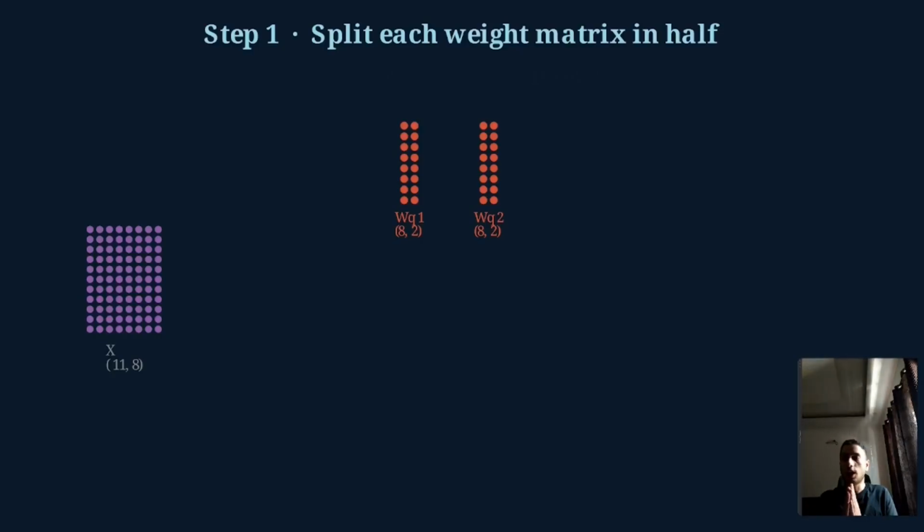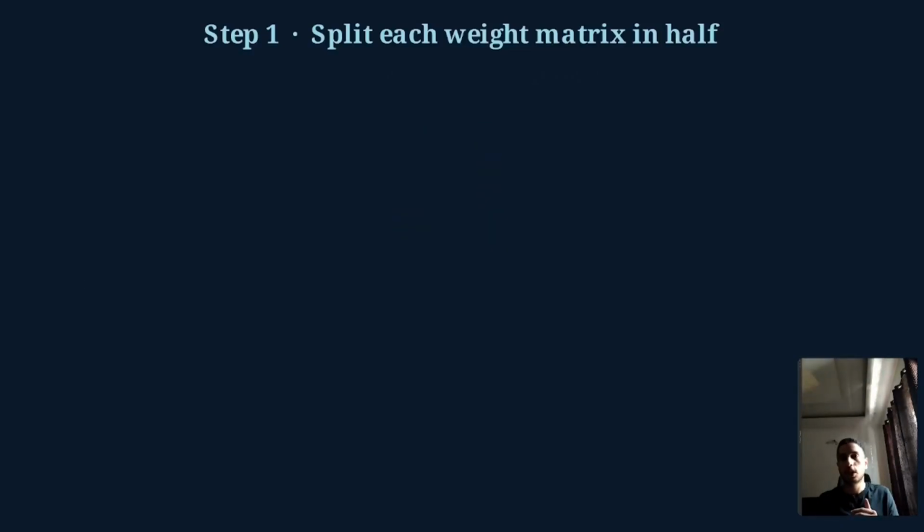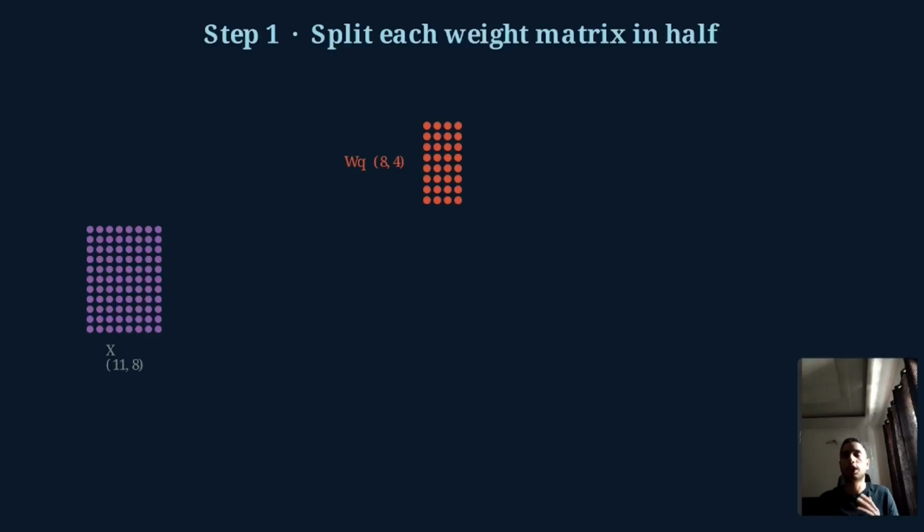We take our weights, the weights for the query matrix, key matrix, and value matrix, and split them by the number of heads. For this example, we want 2 heads. So we are going to split our query, key, and value matrices into 2 equal halves.